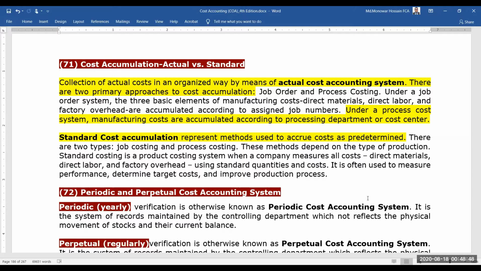This method depends on the type of production. Standard costing is a product costing system where a company measures all costs, direct materials, direct labor, and factory overhead, using standard quantities and costs. It is often used to measure performance, determine target cost, and improve the production process.